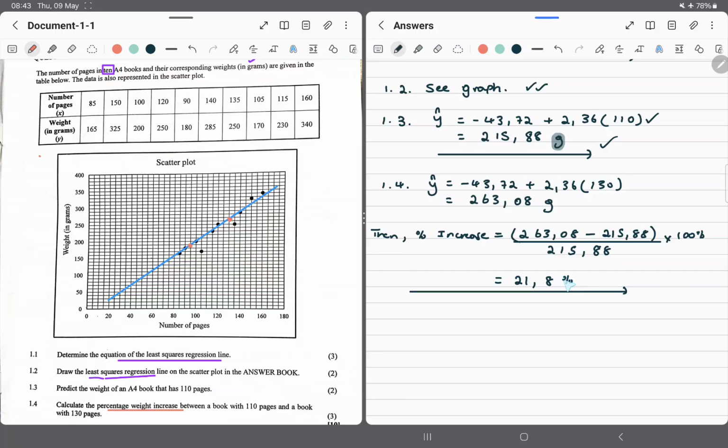I don't know where the 6 came from here, because we are told to round to 2 decimal places. Okay, so be careful of those things. Now that is great. So that prediction is good. This setup is good, and the answer. So that's how those 10 marks are scored. Okay, great. We then move on.